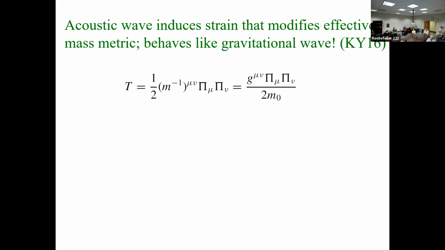Now, acoustic wave propagating through the crystal induces local oscillating strain, and therefore it should be inducing an oscillating metric tensor, and that's exactly what gravitational wave does for you.